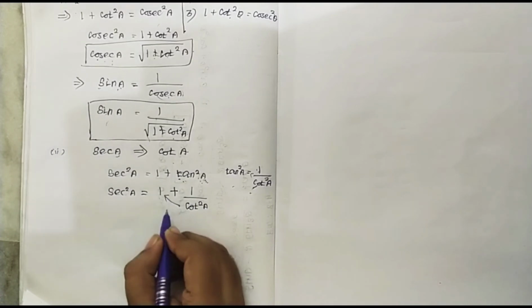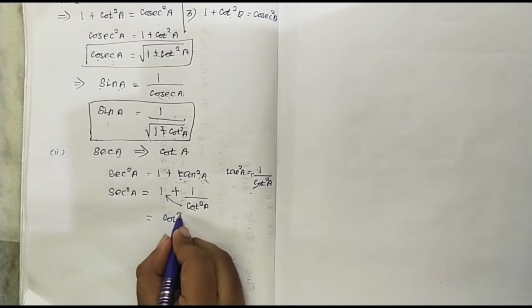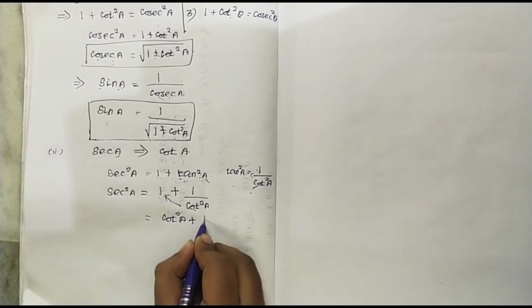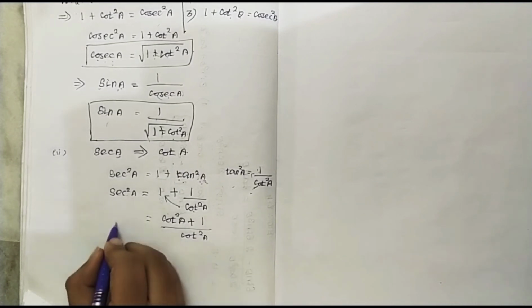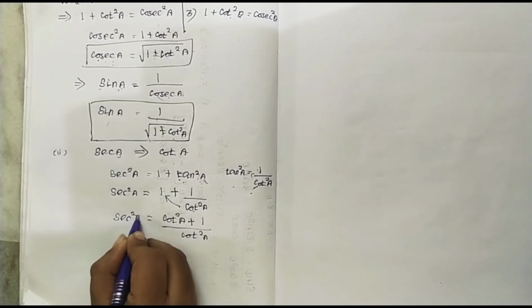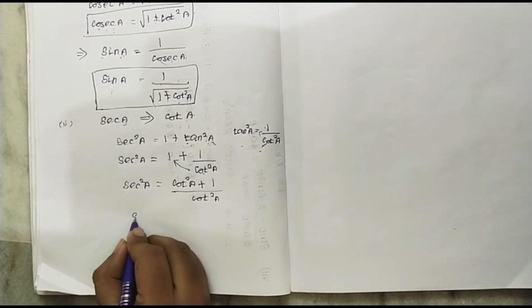Now do the cross multiplication: cot squared A, 1 into cot squared A plus 1, divided by cot squared A. The left hand side, secant squared A, write as it is. Square transferred to that side will become root.